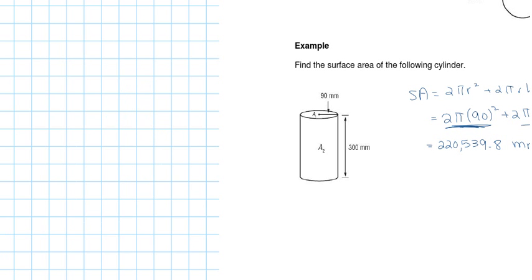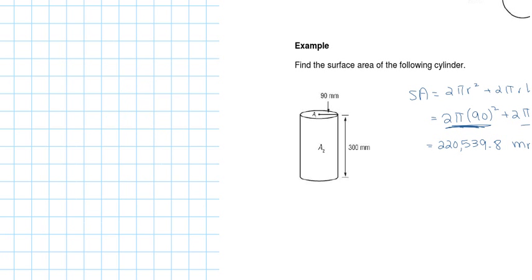Now, for the bottom part, you're going to have to think about how I can find the actual part that I need to paint instead of the whole top. So you're going to have to do some subtraction, okay?